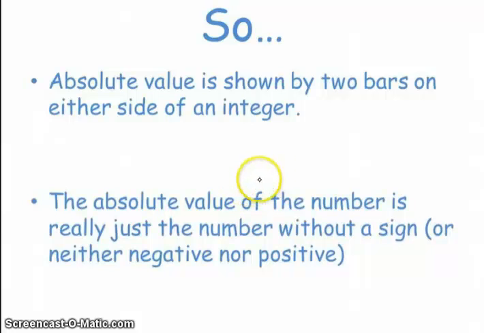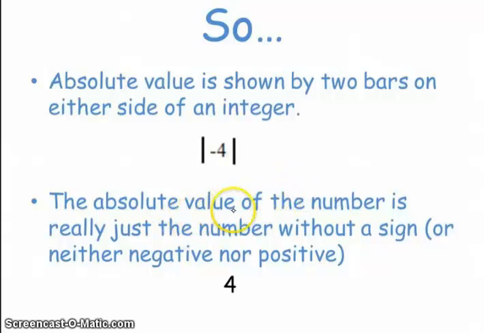So of course we are going to use symbols, and we use 2 bars on either side of the integer to represent the absolute value. So whenever you see an integer inside 2 bars, they're asking you to find its distance from 0. So absolute value of -4 will be +4 because -4 is 4 units away from 0.